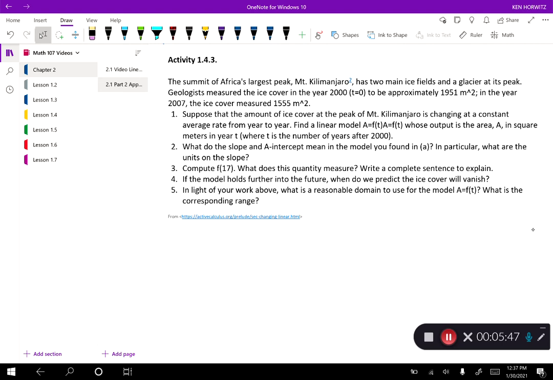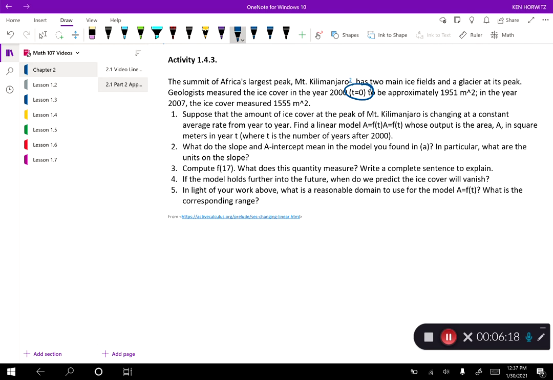Very often if we're starting in the year 2000, we'll call that t equals 0, to simplify our process. If you wanted to make a graph out of this, you would rather start at 0 than start at 2000 over on the x-axis.